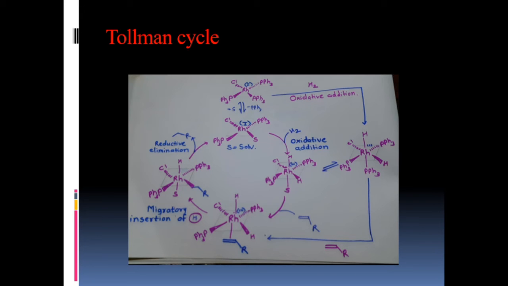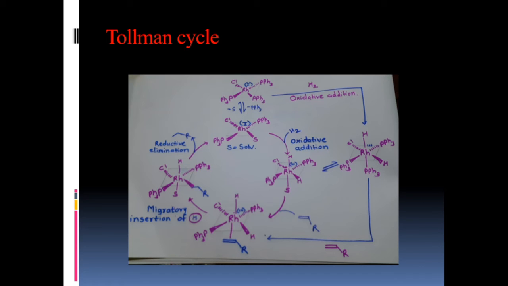Why active form? The answer is that as compared to the rhodium complex, this three coordinated species binds hydrogen by oxidative addition more tightly, that is 10 raised to 7 times faster, and hence this is called the active form of the species.